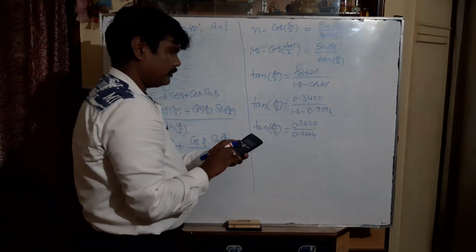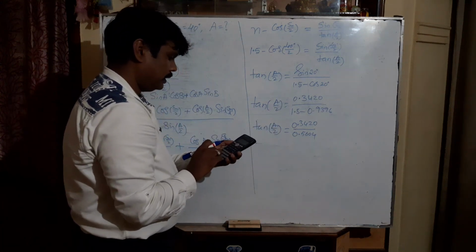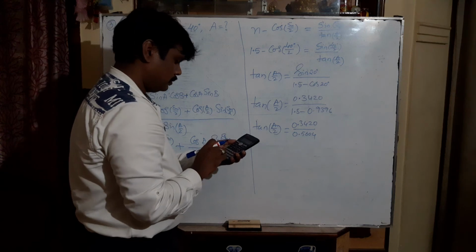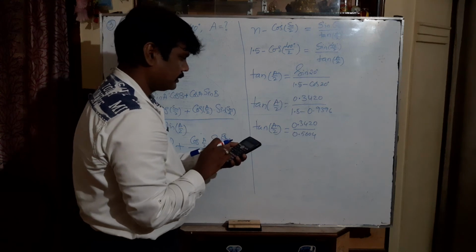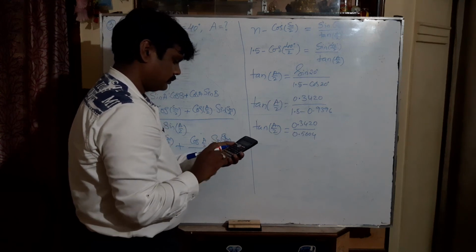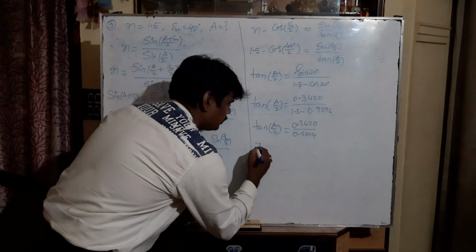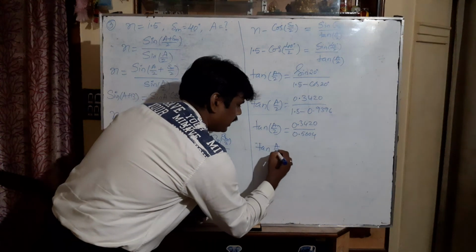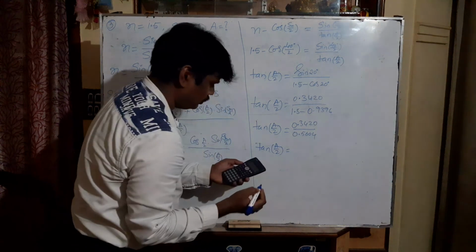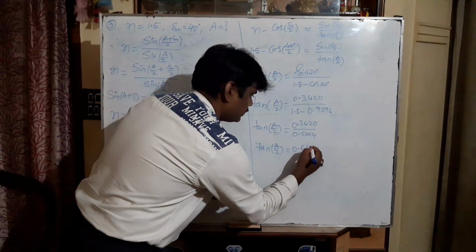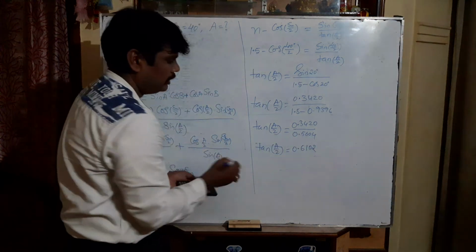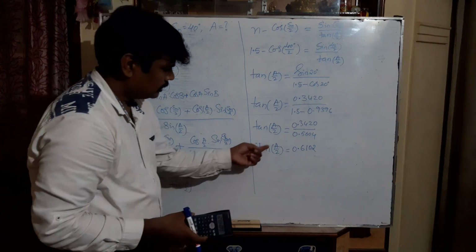Now take the ratio of this one, 0.3420 divided by 0.5604. We are getting tan of A by 2 value is equal to 0.6102.